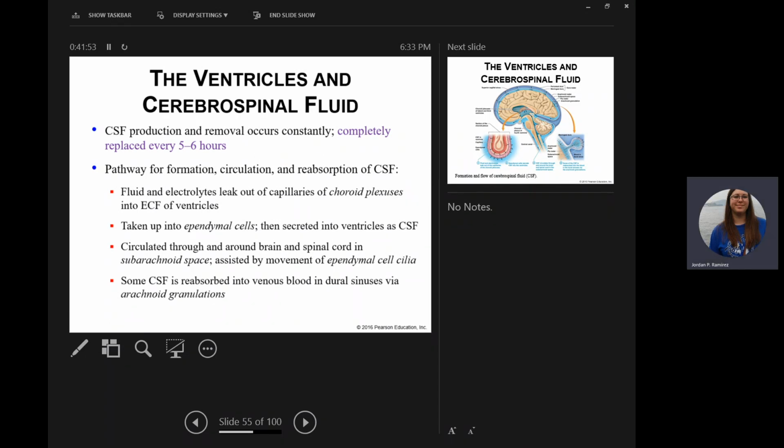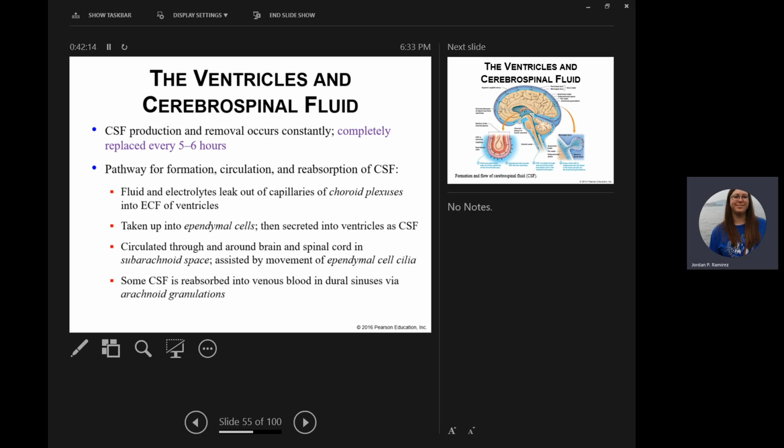So cerebrospinal fluid production and removal occurs constantly. So every 5 to 6 hours, you have a completely new cerebrospinal fluid. Isn't that cool? Isn't that insane? Every 5 to 6 hours. Dang. All right, so basically what happens here, we have a little picture on the next slide.